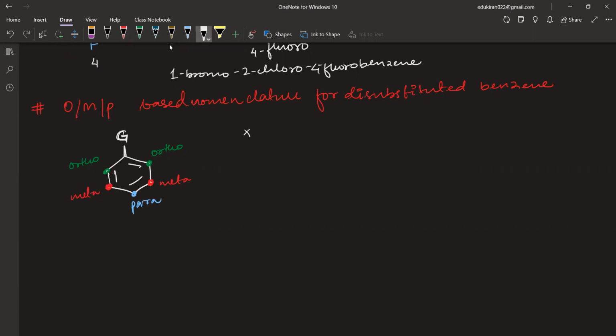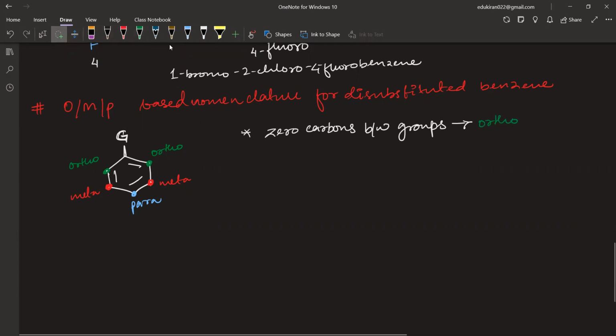Okay, please see. If there are 0 carbons between the groups, then it is going to be ortho.